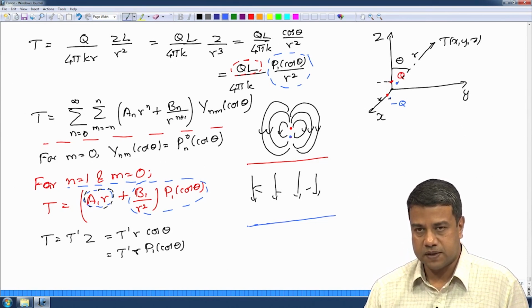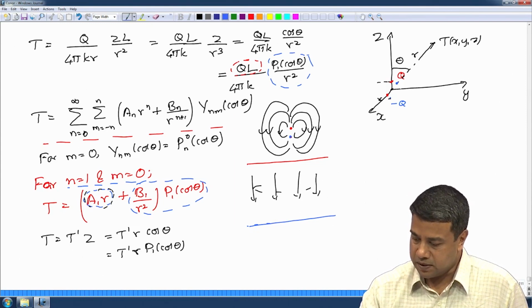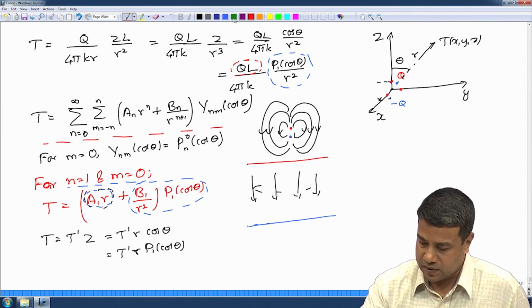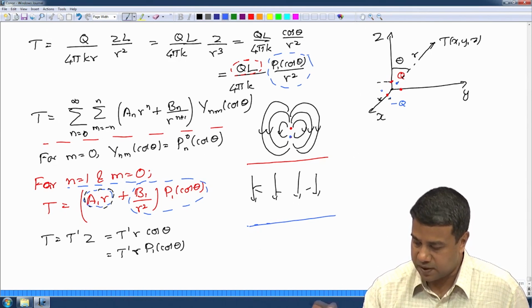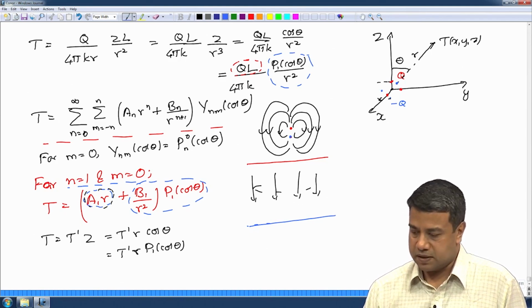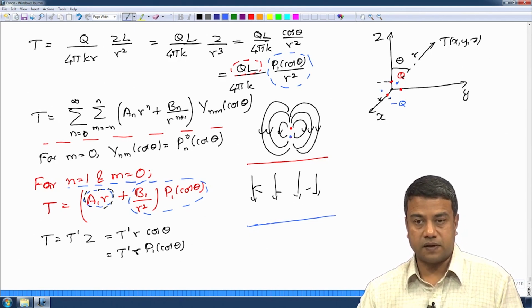That is for m = 1, and m = minus 1 corresponds to a source along the plus y axis and a sink along the minus y axis. In each of these cases, the dipole moment is aligned differently.